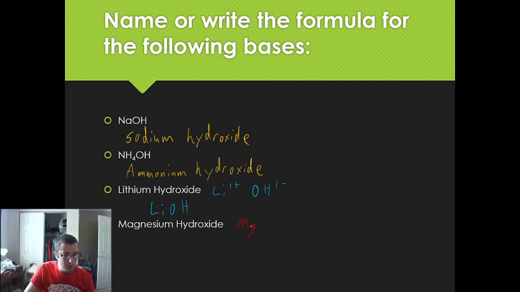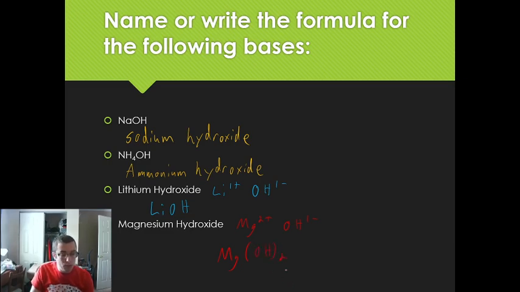we've got magnesium, which has a charge of 2 plus. OH again has a charge of 1 minus. When we crisscross, you need to be careful. Since the 2 goes down here, and remember OH is polyatomic, anytime there's more than one of them, you have to put parentheses around it. So Mg(OH)2.